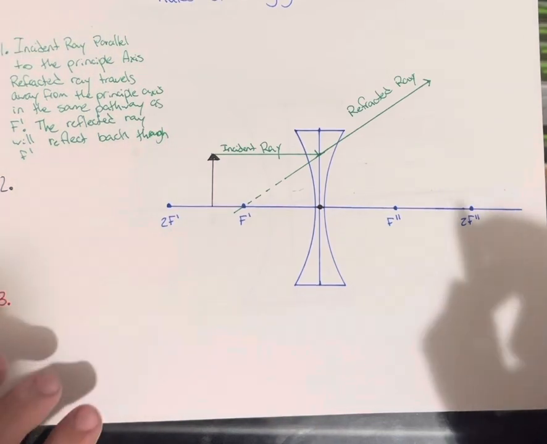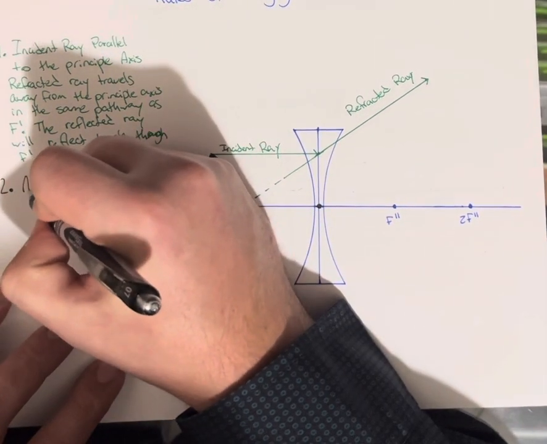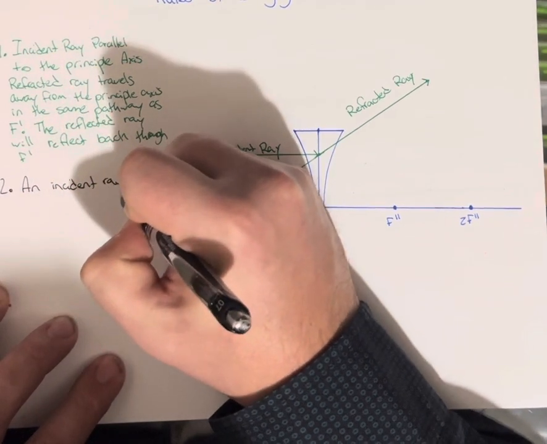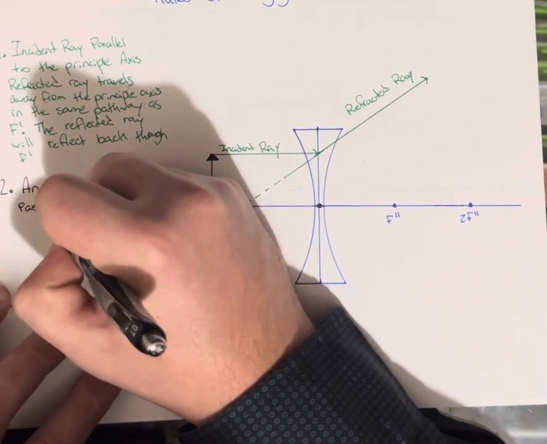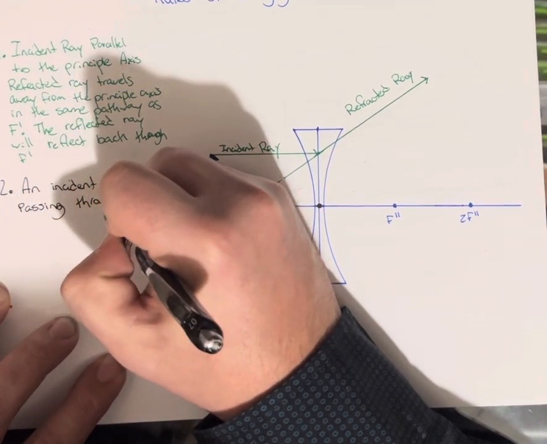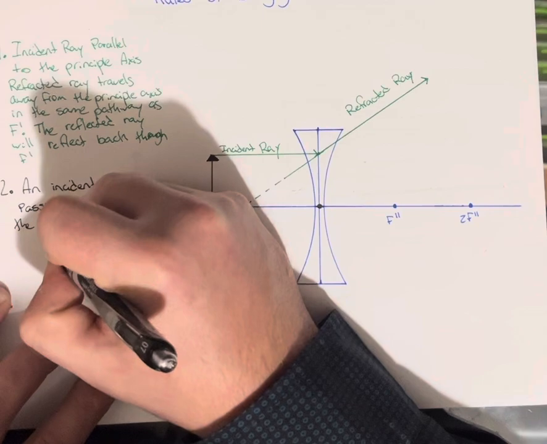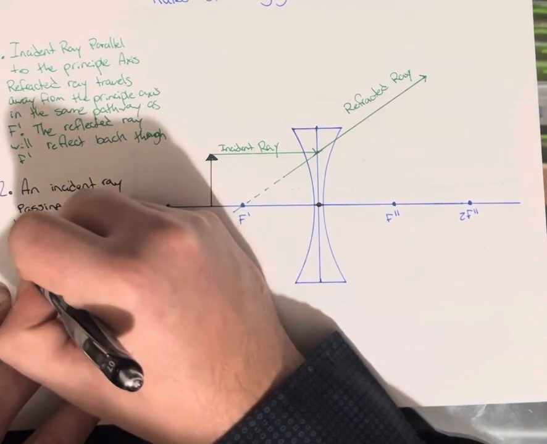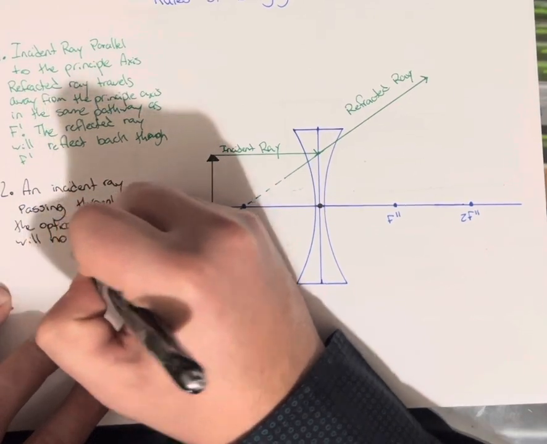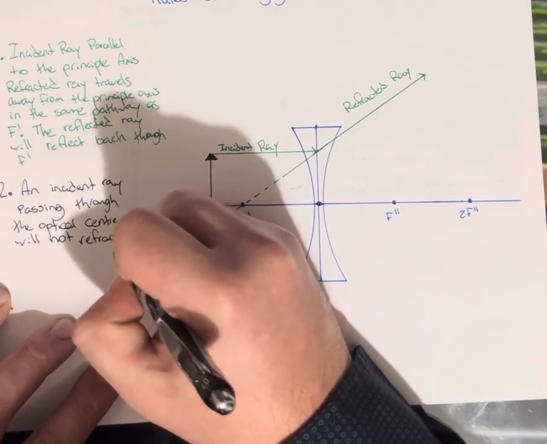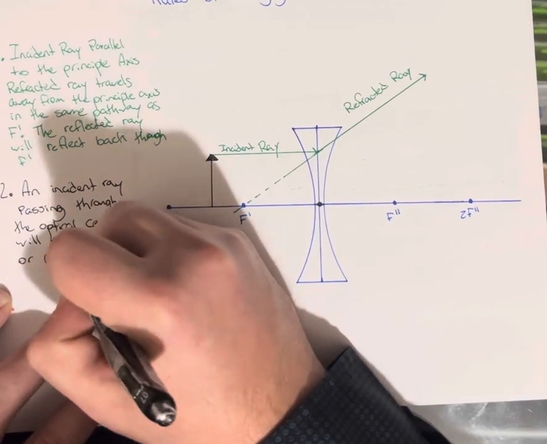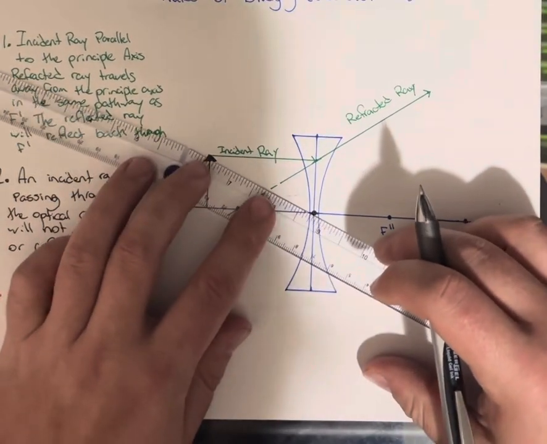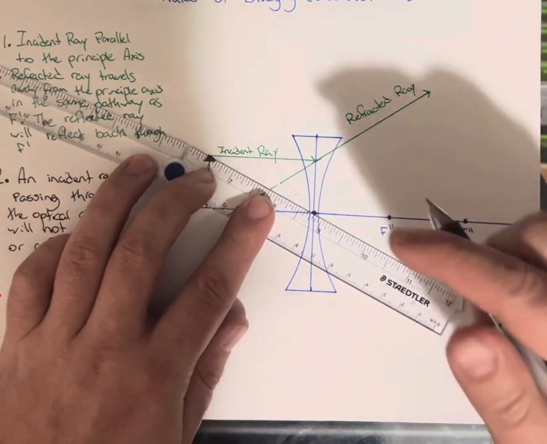So an incident ray passing through the optical center will not refract or reflect. That individual ray is just going to continue straight on through with zero deviation whatsoever.